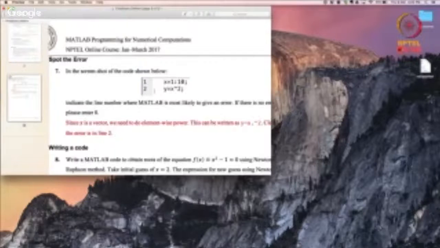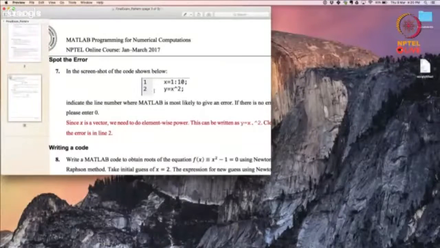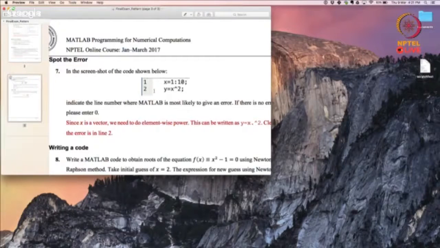Again, you do not really need MATLAB for this, but it will test your MATLAB skills to a slightly higher level. So I believe, based on my experience in the past, spot the error type of problems are probably the trickiest problems in this entire exam.